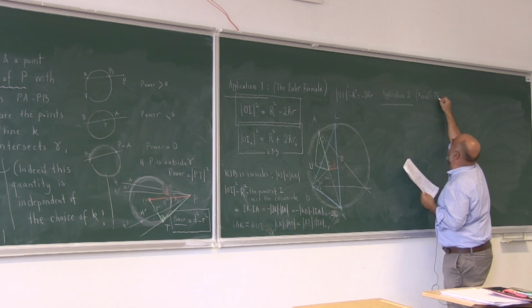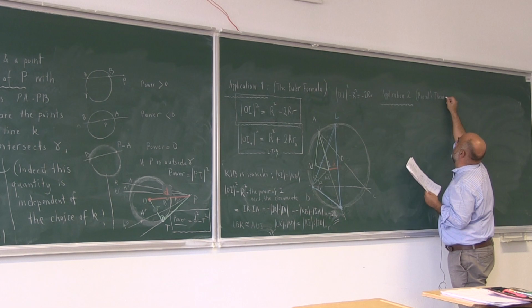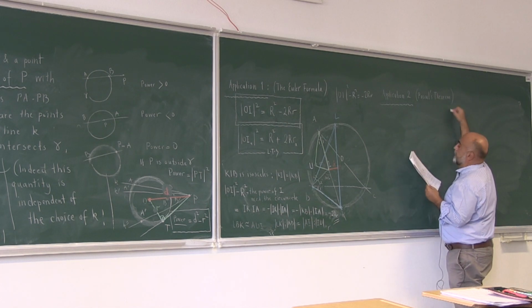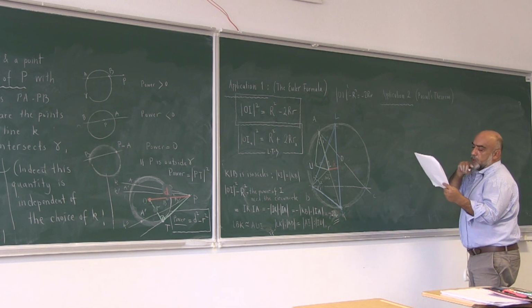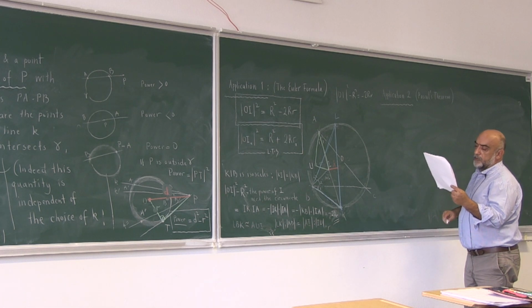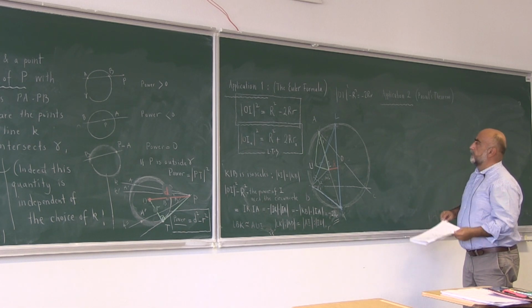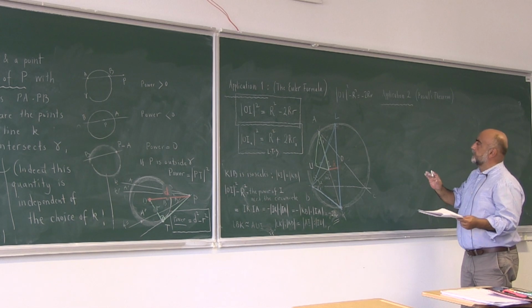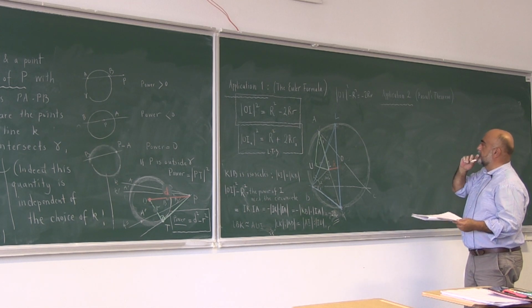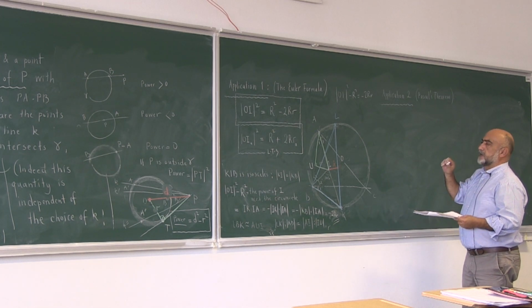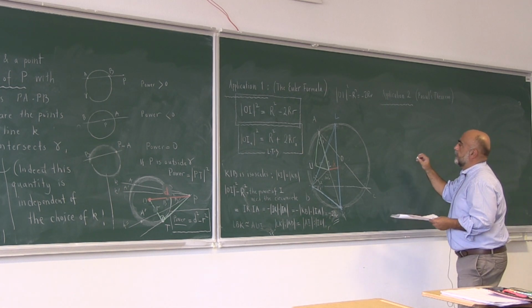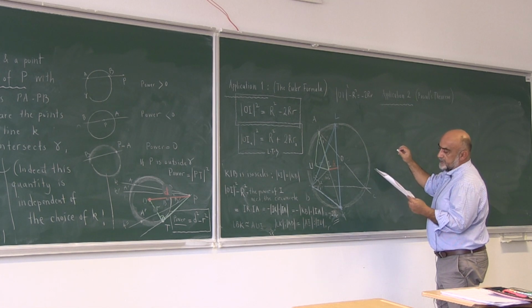You will notice a certain formal similarity with the theorem of Pappus. Let me just give you the statements, and then, as I say, the proof will follow in my next lecture. So what happens is this.